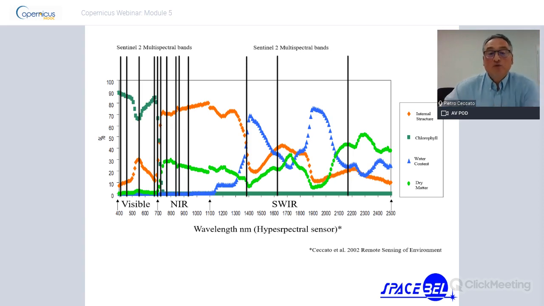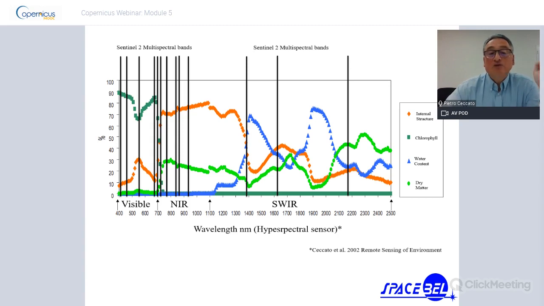For example, to retrieve water in the shortwave infrared at 1600, you can use one band, which is band 11 of Sentinel-2. I'm going to show you a few combinations to display the images. But you can imagine that you can create any type of index by combining the bands to retrieve either the water, the chlorophyll, or the dry matter here in green.